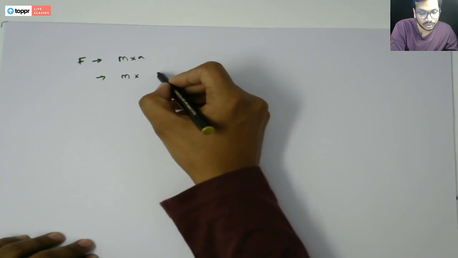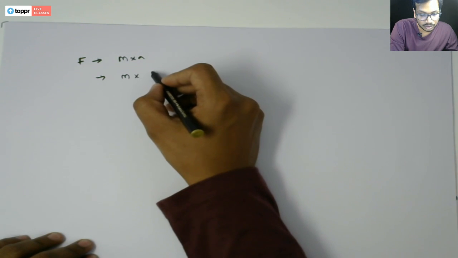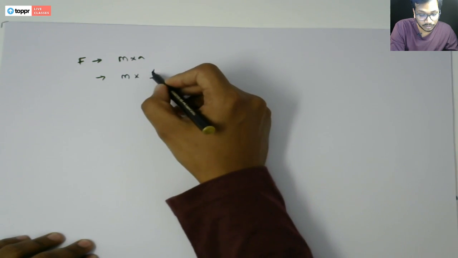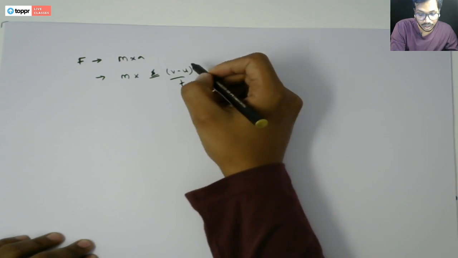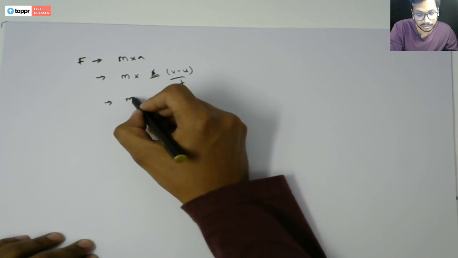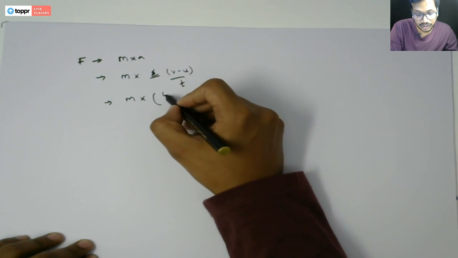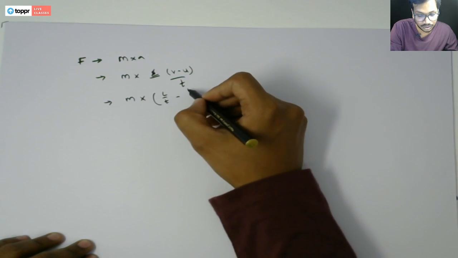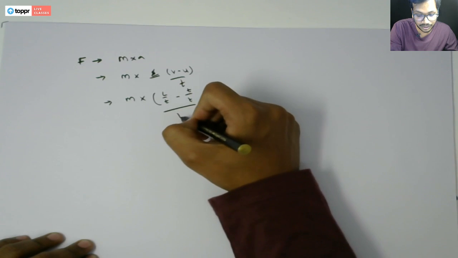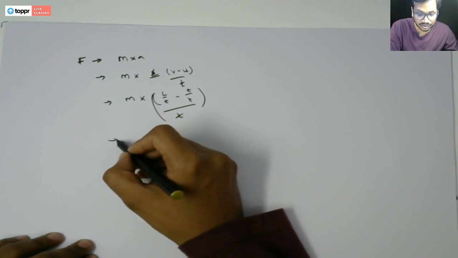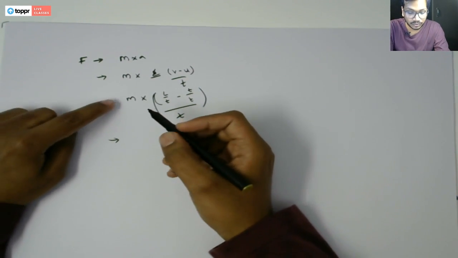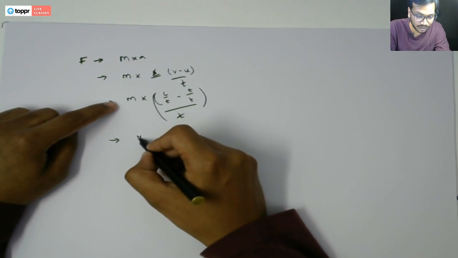Which can be said as mass into change in velocity upon time, and velocity can again be written as length upon time. So now let us look at a notation. For the unit of mass, let us write capital M.